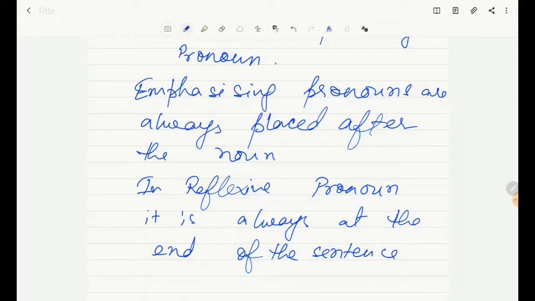So these major points are the conclusion on the reflexive pronoun and the emphasizing pronoun.